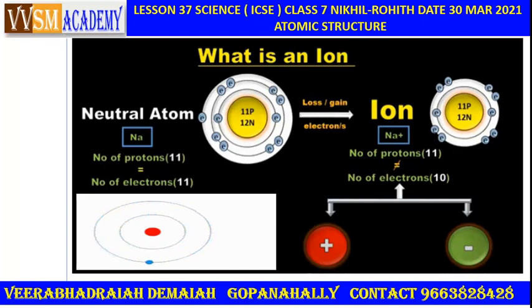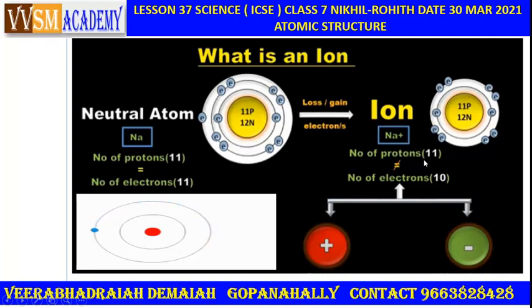If you write the electronic configuration of sodium atom, number of electrons is 11, meaning atomic number is 11: 1s2, 2s2, 2p6, 3s1. The outermost orbital consists of only one electron, and hence the sodium atom transfers one electron. It loses its own electron, then it becomes the sodium plus ion.